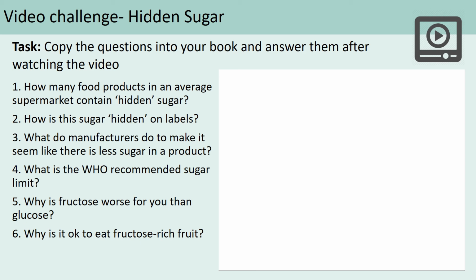So for the more conscientious amongst you, you might read the labels of your food to look at how much sugar is in that food, because obviously too much sugar is not a good thing. But they have got little tricks in which they can actually hide the amount of sugar that is in there.